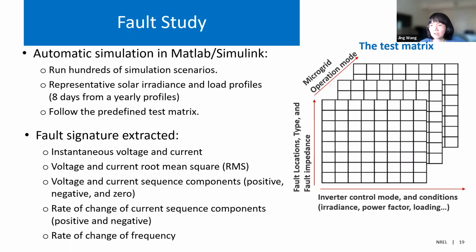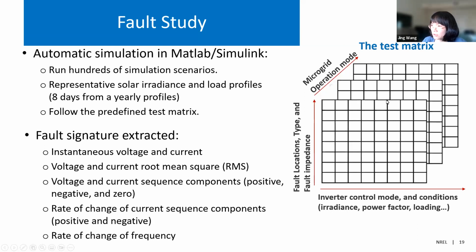So we picked 8 days which represent a yearly profile, and then we follow the predefined test metrics, as you can see here. For example, we change the inverter control mode, the conditions, solar irradiance, power factor, and the loading as well. And then we have different fault locations, different fault types, and fault impedances. We also change the microgrid operation mode, reconnected or isolated mode. So this is a test matrix.